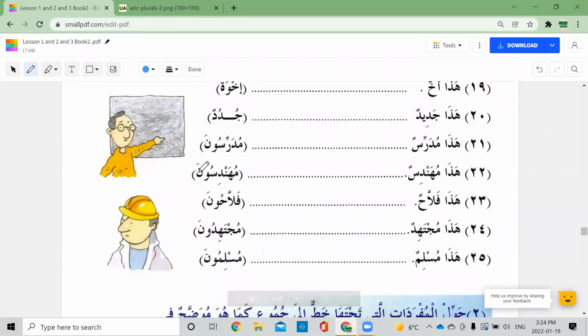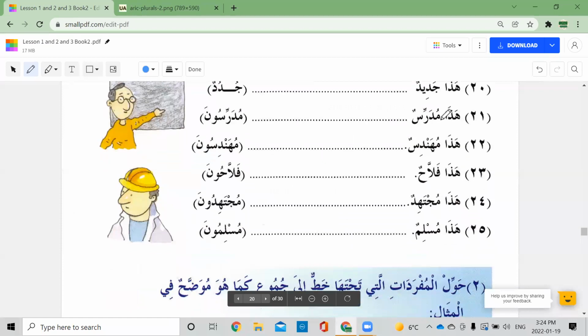For the sound plurals as well, it's not a set rule, but there's a pattern we can see here, that adjectives starting with a meem usually have una. But here's the exception: fallahun is not starting with a meem, but it has fallahuna, it has an una, it's a sound plural, right? So that's all I was mentioning.